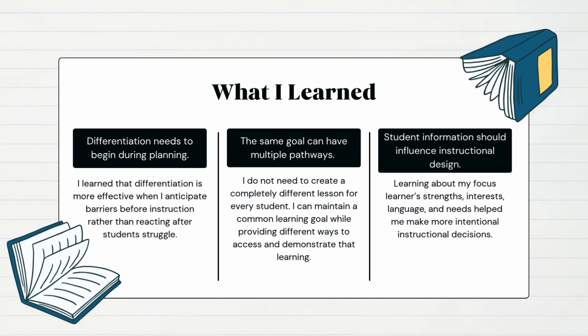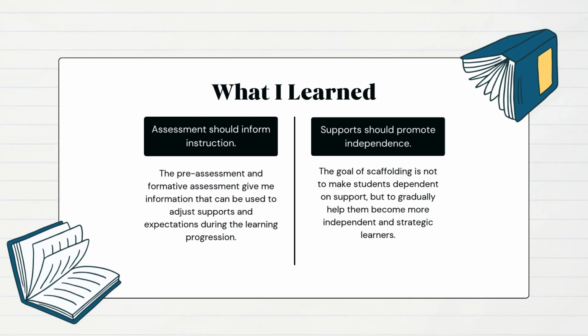What I learned. So, I learned that differentiation needs to begin during planning. The same goal can have multiple pathways, and student information should influence instructional design. I also learned that assessment should inform instruction.